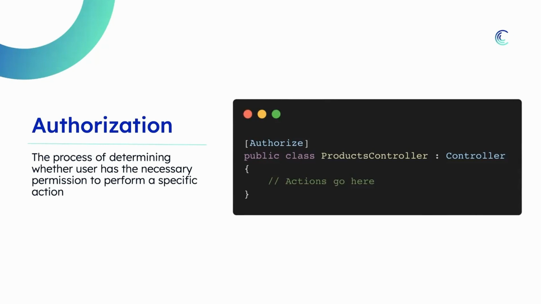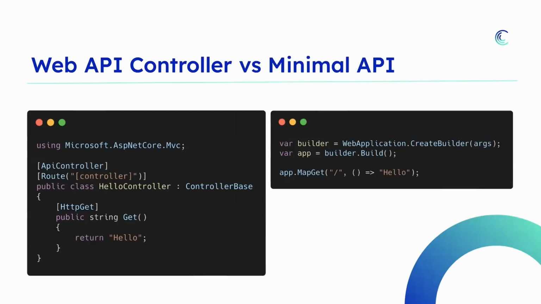If you are asking, all this stuff seems valid, this is what we need for web APIs, so why would we go with, for example, the minimal API way? On the left side, you can see the web API controller way of writing a web API, so we have a controller base with all this stuff around.